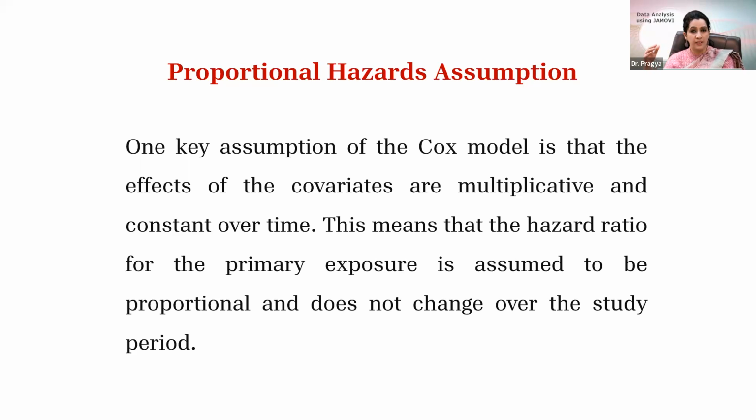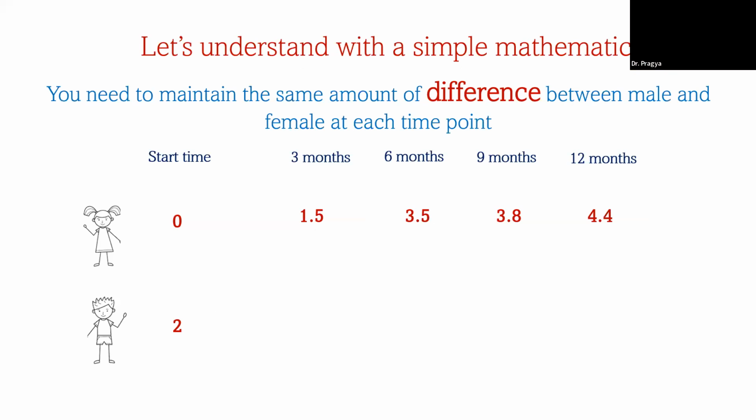All the independent variables in the model are known as covariates. The effect of those covariates is multiplicative, and it is constant over time. That means if you follow the hazard curve over time, the gap between the two curves is the same and does not change over the study period. We'll see how to plot that and how to interpret that.